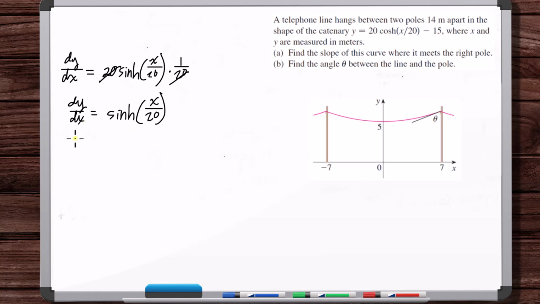Okay, now what we need to know is, what is dy/dx at x equal to 7?